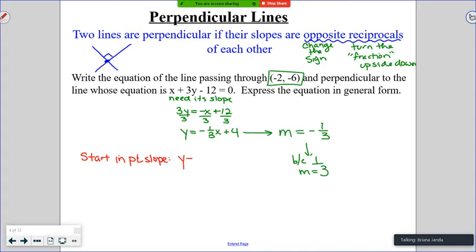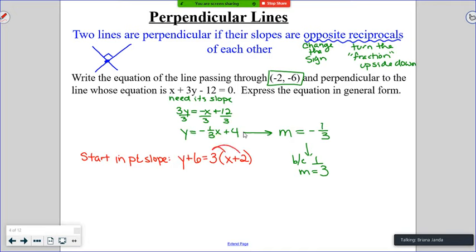Which would be y minus our y value of -6. So y minus -6, our slope, x minus -2. To get to general form, we're going to have to distribute, then just move everything to the same side. I will always make my x value positive, so I'm going to move whichever side would make my x value positive. Okay?